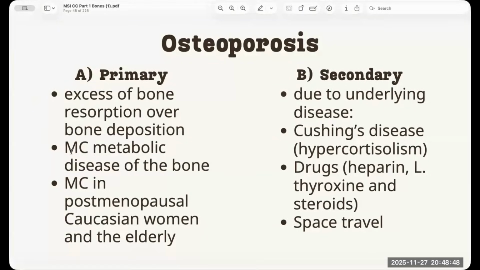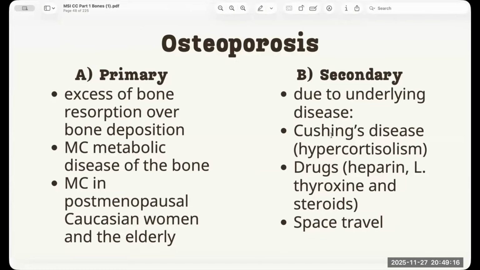This is basically the gist of it. But it's the most common metabolic disease of the bone, and it's most commonly shown in postmenopausal Caucasian women and the elderly. Why postmenopausal? Because after menopause women have a decrease of estrogen all of a sudden. This triggers osteoporosis. Okay.